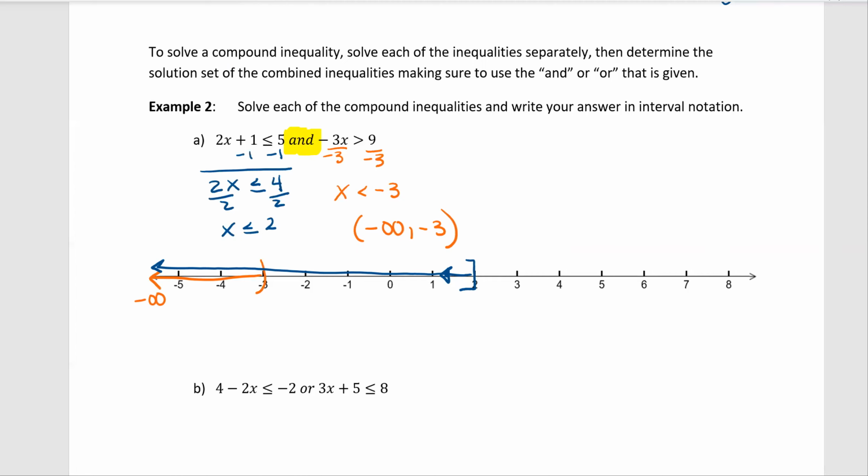Now, just for fun, what if it would have been the same problem, except we would have had an or for our compound inequality? Our answers aren't going to change.